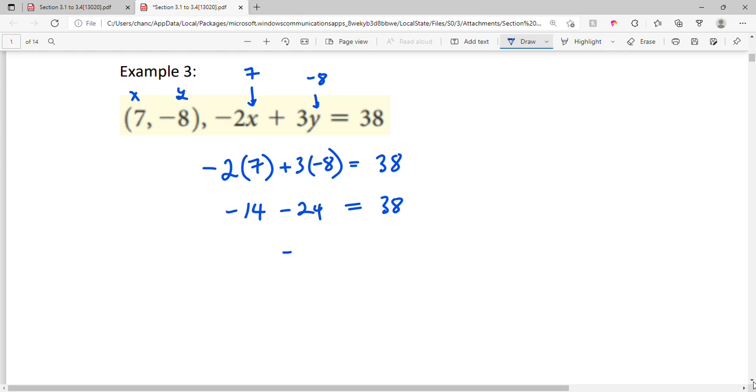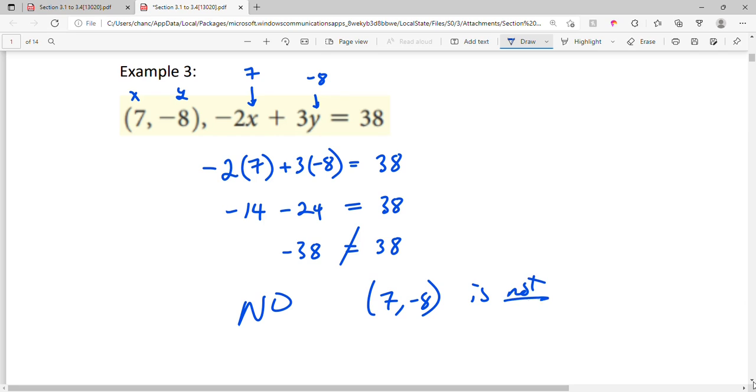On the left, we have negative 38 equals 38 on the right. This is clearly not true. Negative 38 is not equal to 38, so no. (7, negative 8) is not a solution to our equation. It is not a solution.